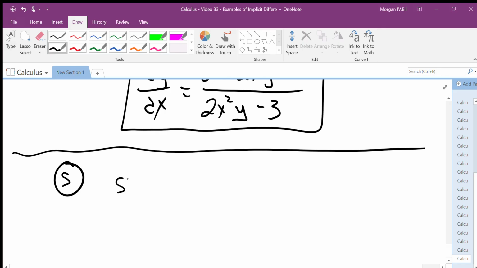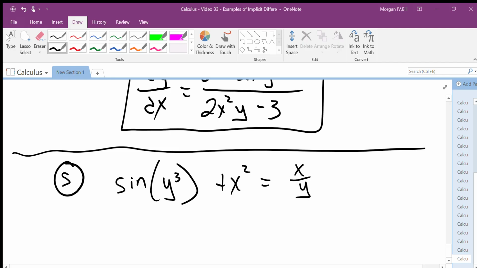How about the sine of y cubed plus x squared equals, try to figure out how hard we should make this. How about x over y? All right, let's do the derivative. Actually, pause the video, try it, see what you can get, come back, we'll do it together.